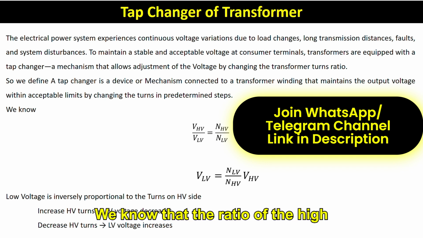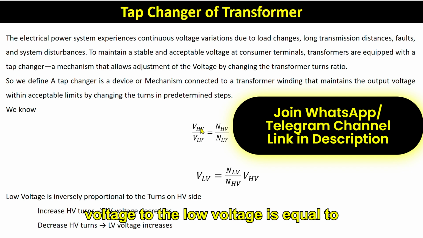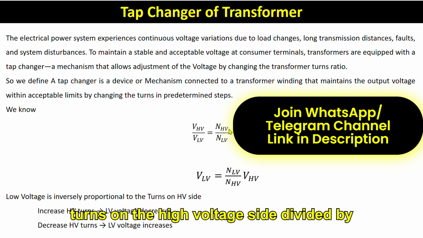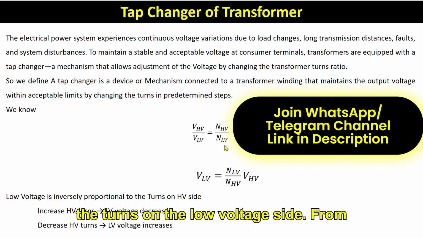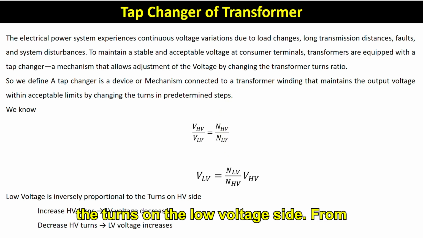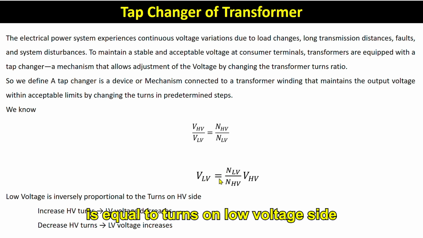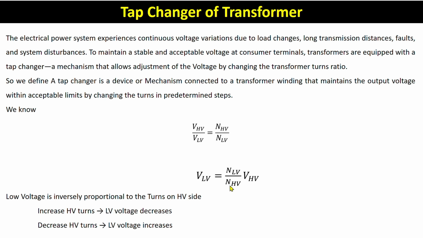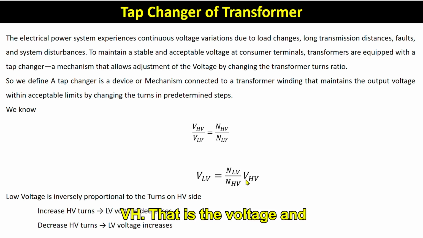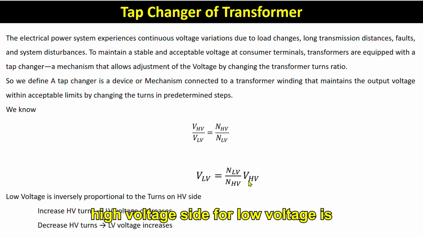We know that the ratio of the high voltage to the low voltage is equal to the turns on the high voltage side divided by the turns on the low voltage side. From here you can see the low voltage is equal to the turns on the low voltage side divided by the turns on the high voltage side, times VH, the voltage on the high voltage side.